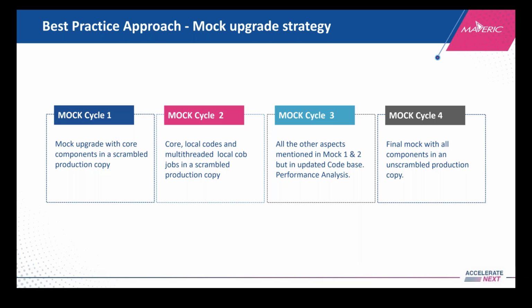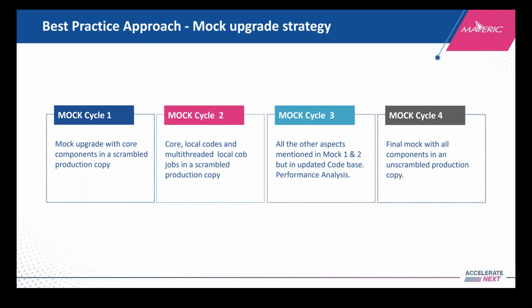So we update the code base with all the codes that went live since we started the mock, and we do another mock cycle on the updated code base, where we specifically focus on performance analysis at this stage.